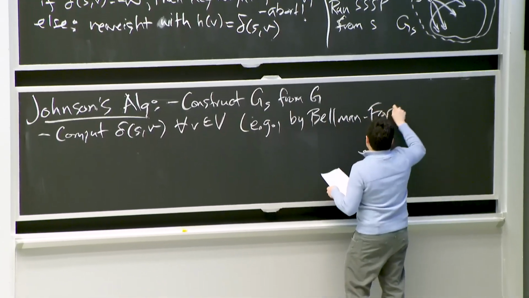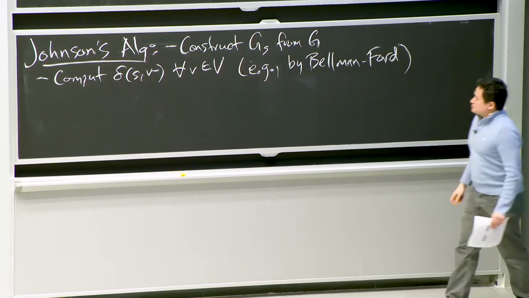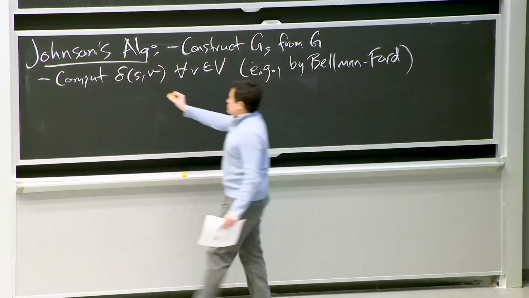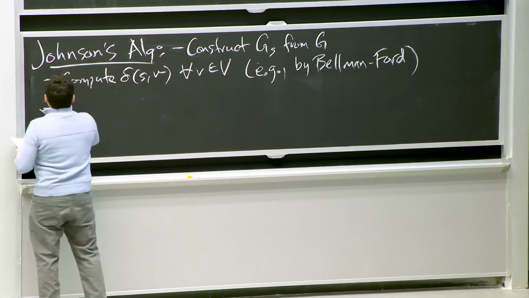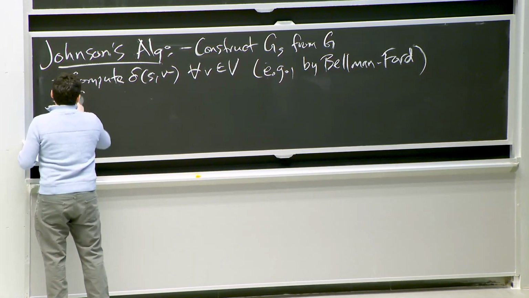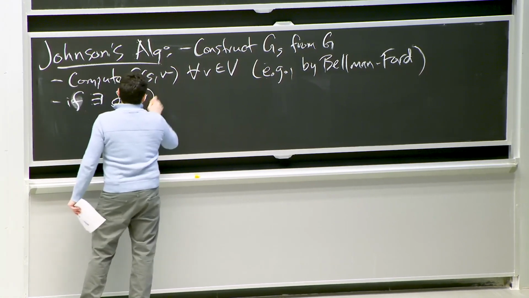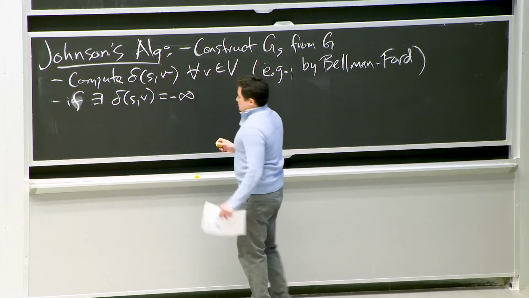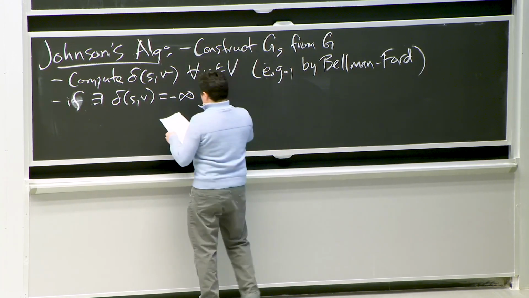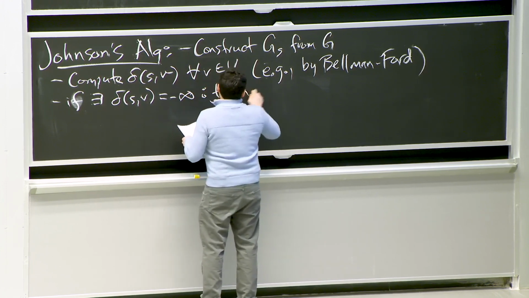This is just a single run of Bellman-Ford here. Compute. And then there are two possibilities. If there exists a delta SV that's minus infinity, then abort.